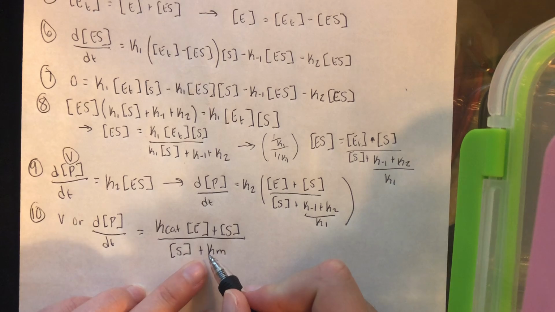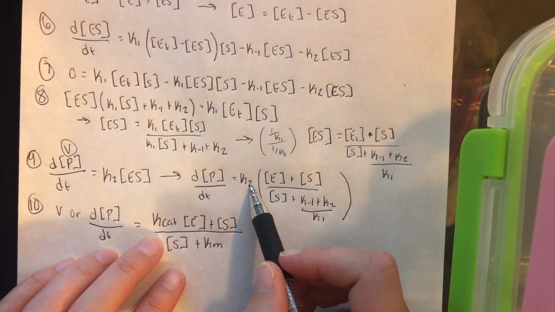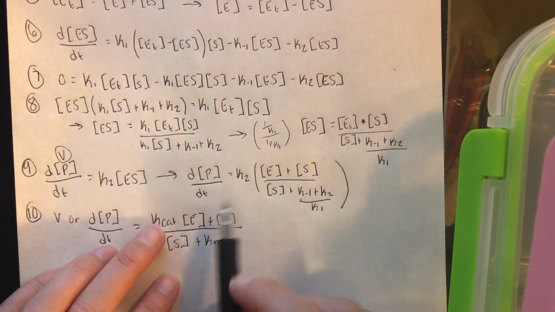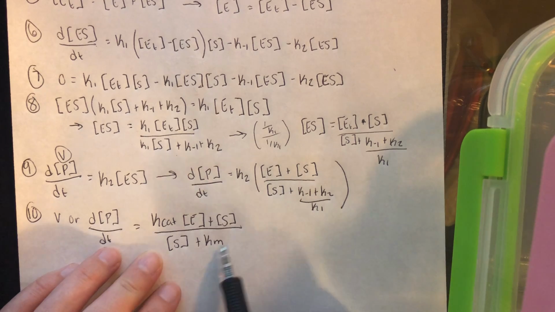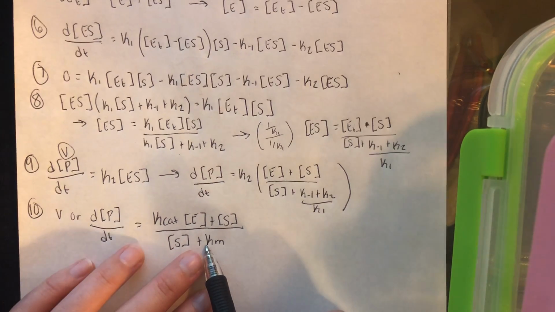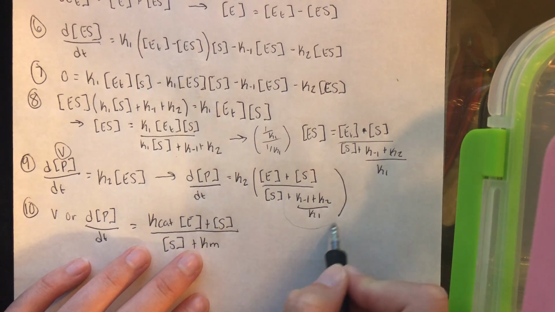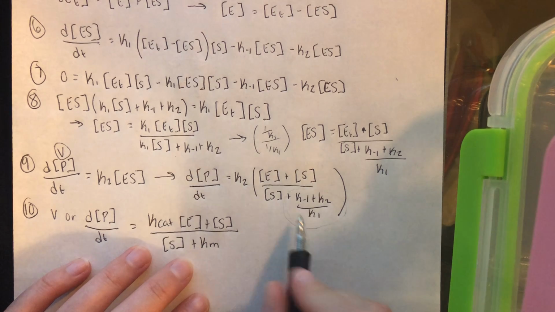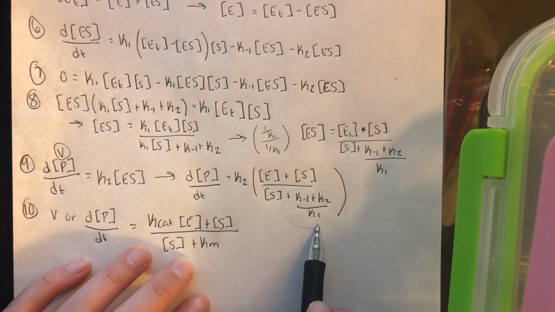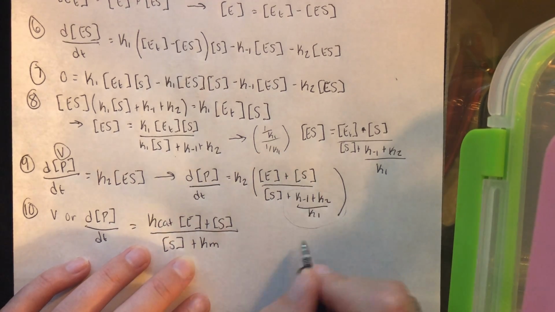So k cat is just equal to K2, and the rest is the same on the top, and then we have the concentration of the substrate plus Km. Km is just the Michaelis constant, which is K-1 plus K2 over K1, which is a lot to write, so we just depict it as Km.